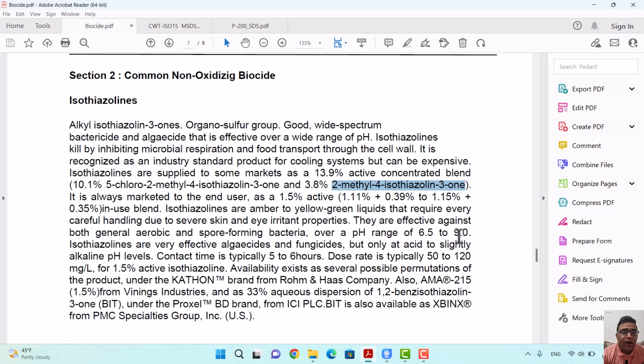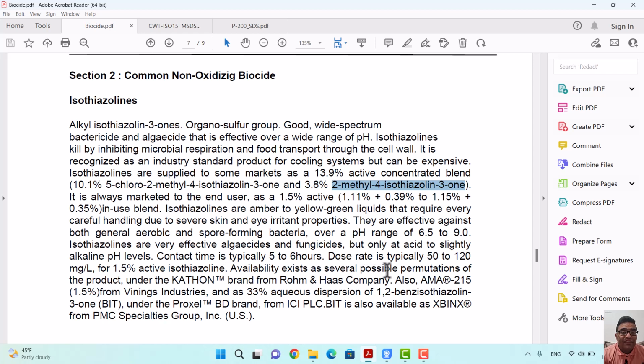Isothiazolines are very effective algicides and fungicides, but only at acid to slightly alkaline pH levels. Contact time is typically 5 to 6 hours. Dose rate is typically 50 to 120 ppm for 1.5% active isothiazolines.